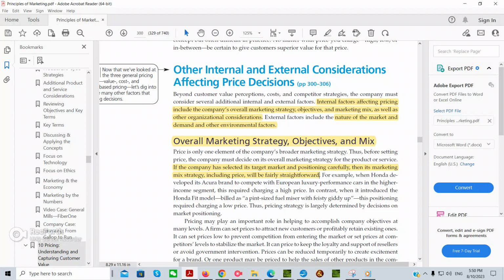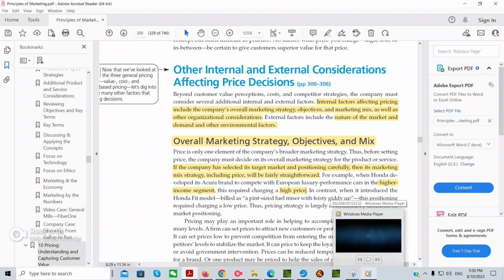For example, when Honda developed its Acura brand to compete with European luxury performance cars in the higher income segment, remember this is higher benefit, higher price. So remember, it's the higher income segment. That's a higher price market. This required charging a high price, right?